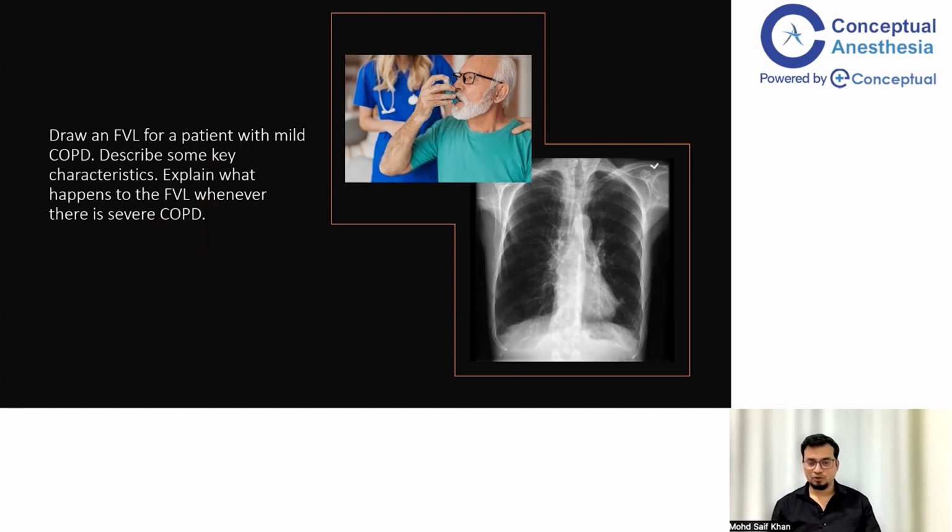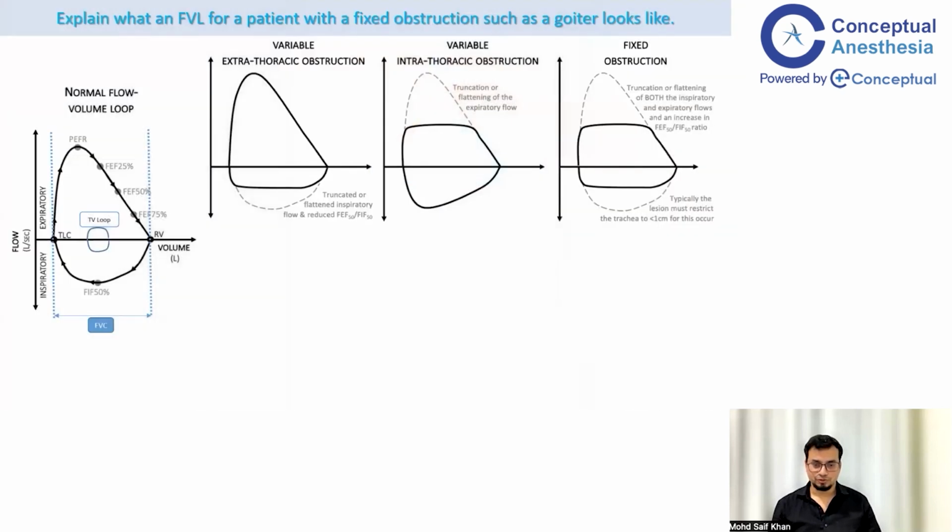In the mild COPD, remember that peak expiratory flow rate is usually decreased slightly, so the initial expiratory flow is not affected significantly. And there will be a pattern, which I'm going to show you in FV loop, which is very typical of the COPD.